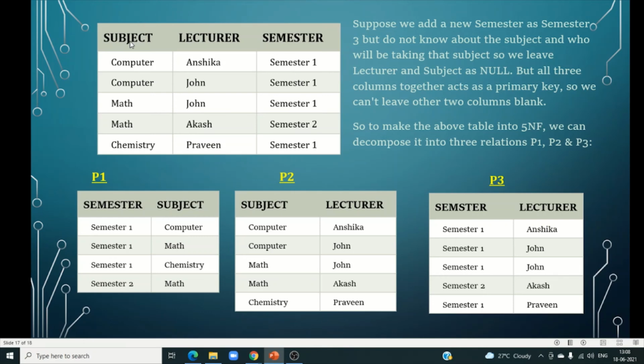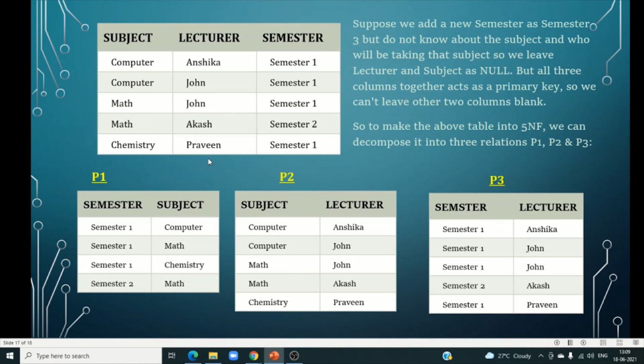Here you observe that the combination of these three, subject, lecturer as well as semester, is the candidate key. If we try to add semester 3, we don't know what the subject is and who the lecturer is. So when we add semester 3, these two columns are left as null, but it is not correct, because these three columns act as the primary key, and we can't leave them empty.